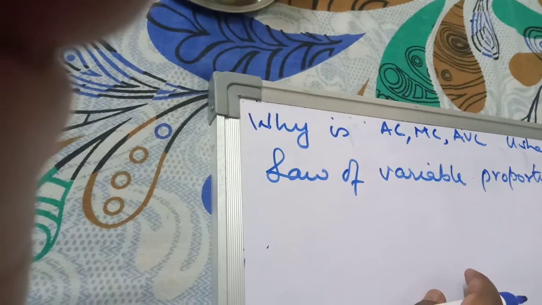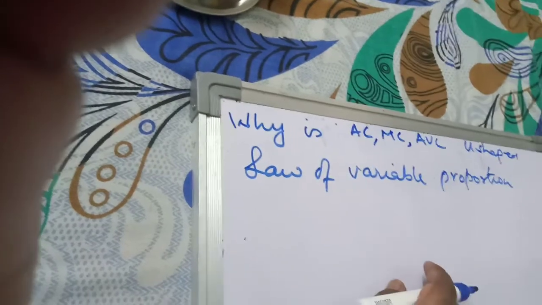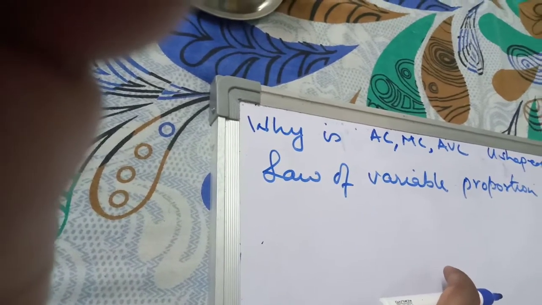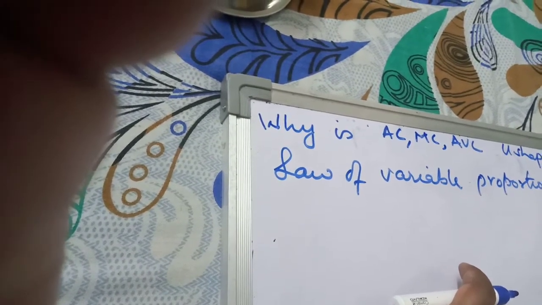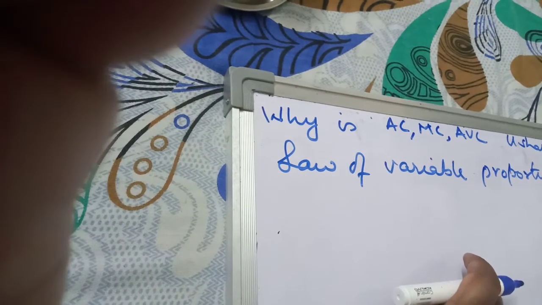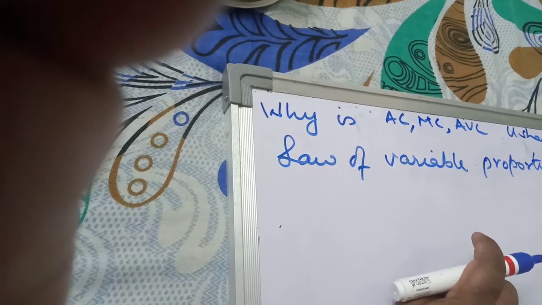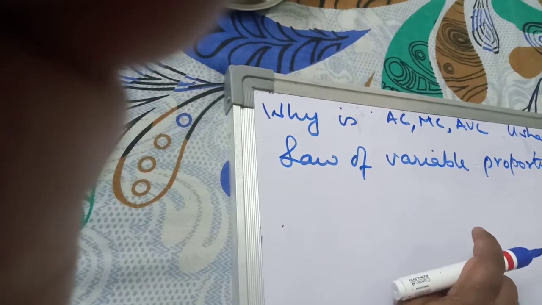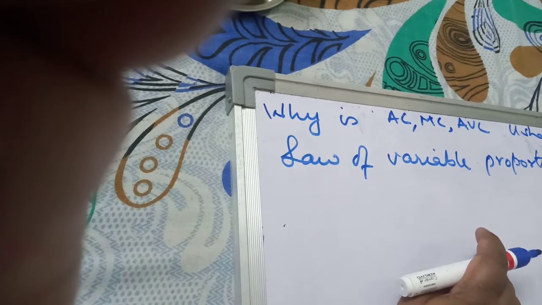When production is subject to increasing returns, the costs, averages and marginals, are falling. When production is subject to diminishing returns, the cost will increase. So cost first falls because of increasing returns, then increases because of diminishing returns.